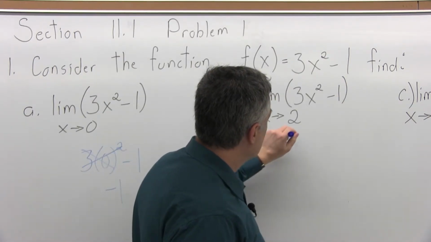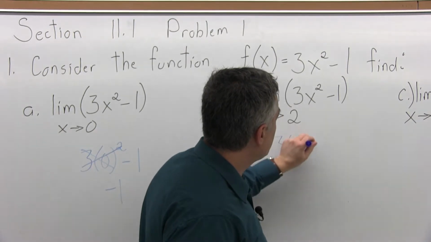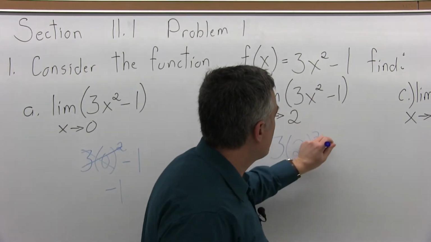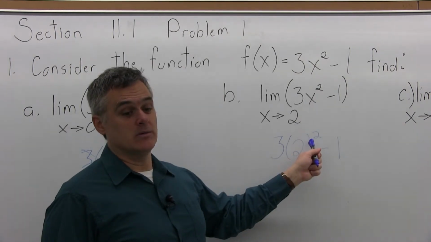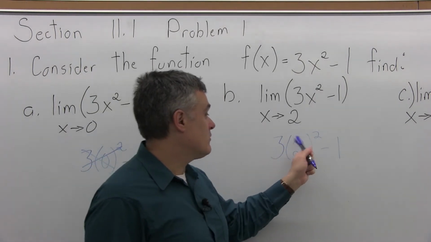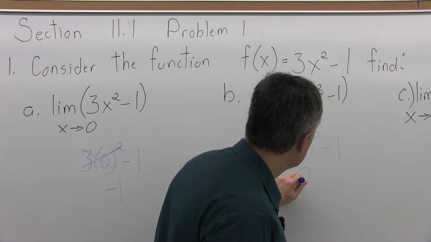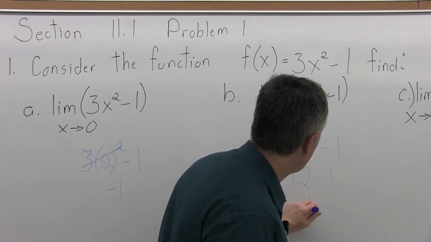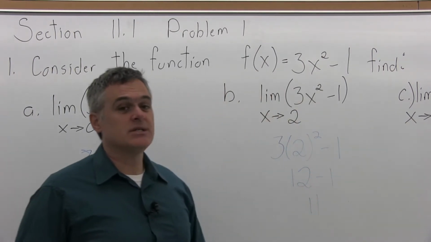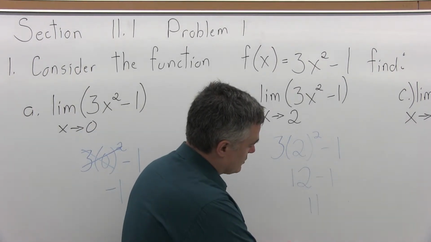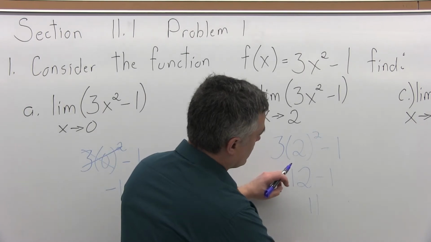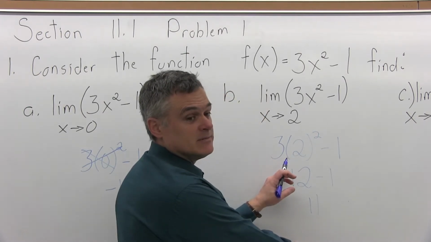So the output is going to get very close to 3 times 2 squared minus 1. So the 2 squared will become a 4, times the 3 in front, 4 times 3. The output gets close to 12 minus 1, or positive 11. So as the input gets close to 2, or your distance on the x-axis gets close to 2, the output, or height on your graph of this, would get close to 11.